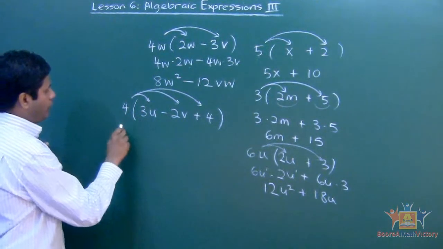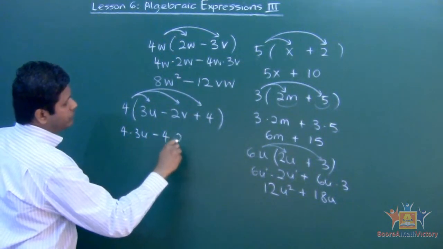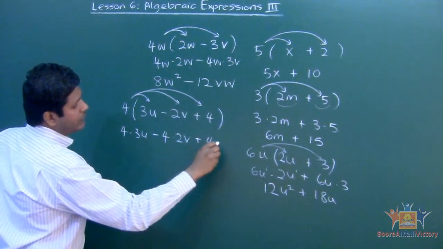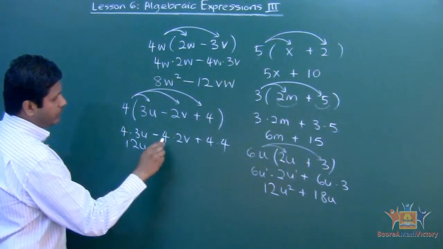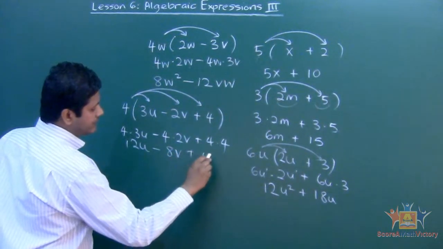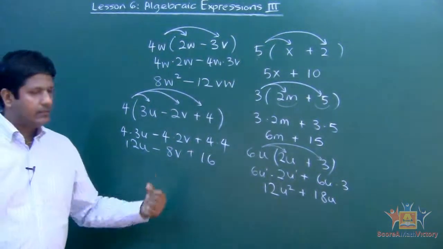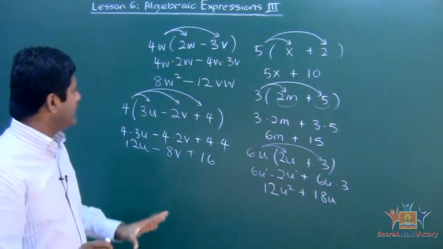That means 4 times 3u minus 4 times 2v plus 4 times 4. So 4 times 3 is 12u minus 4 times 2 is 8v plus 4 times 4 is 16. See that? Very important, expanding them.